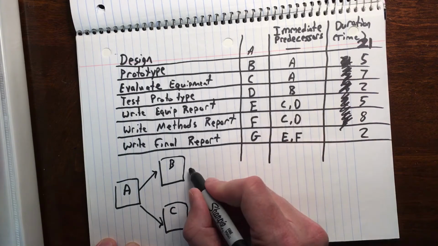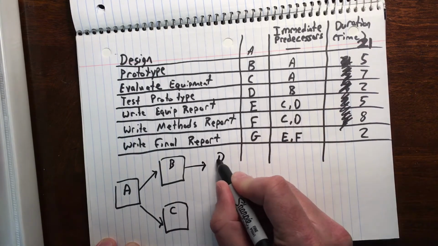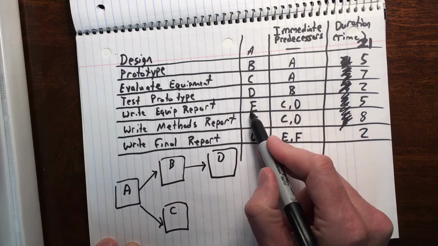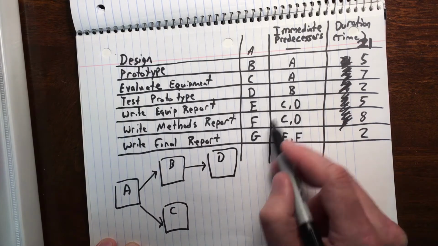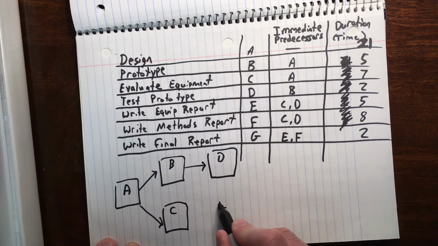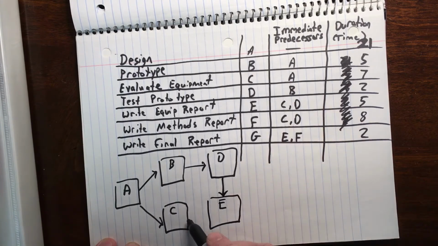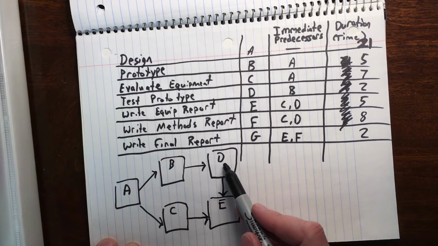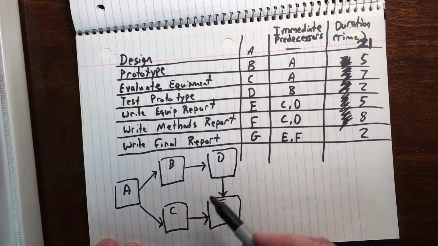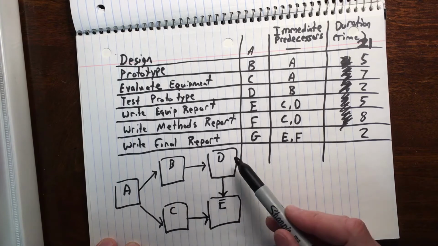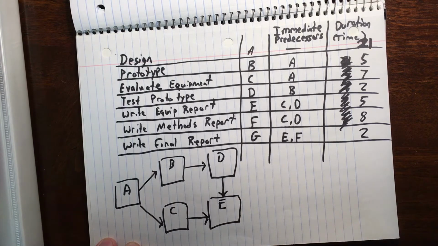D comes off of B. E comes from both C and D. So that would have two arrows because that is a merge activity. That means that E cannot start until D and C are both done. So whatever one is finished later would be the start date of E.